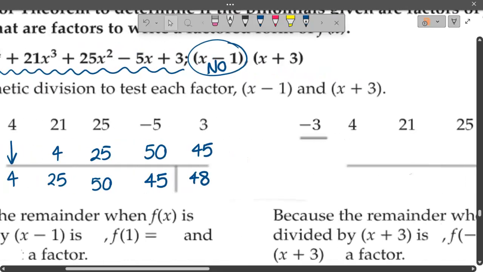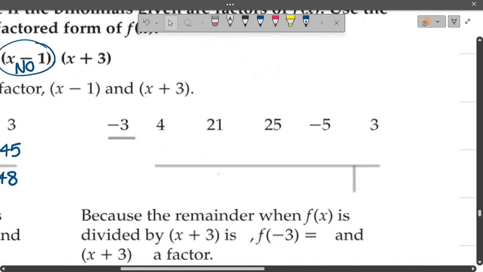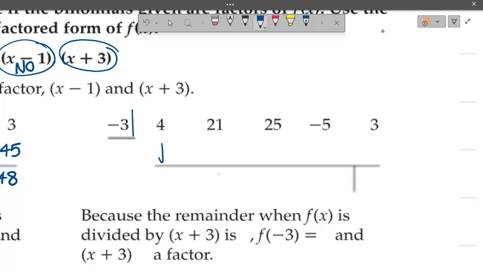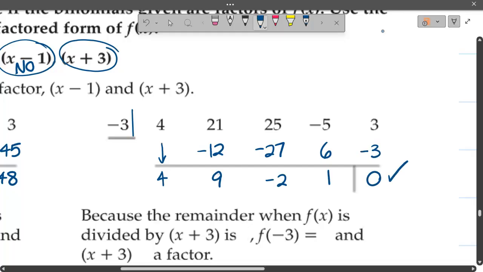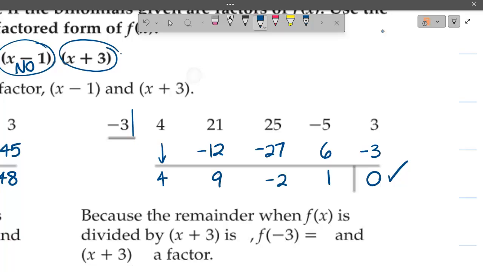Let's try it again, only this time we're going to use the second factor, x plus 3, which means we put a negative 3 in the box and we divide. We get 0 for a remainder, which means this one is a factor.